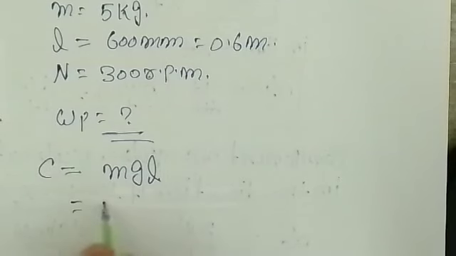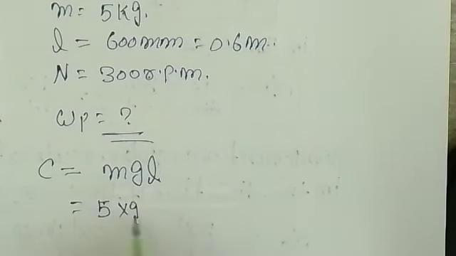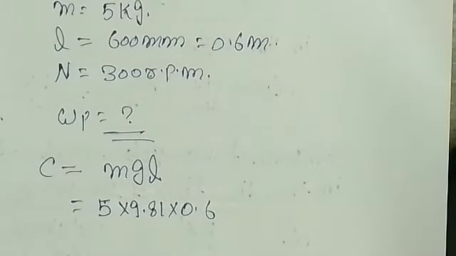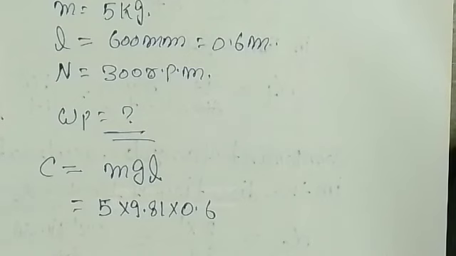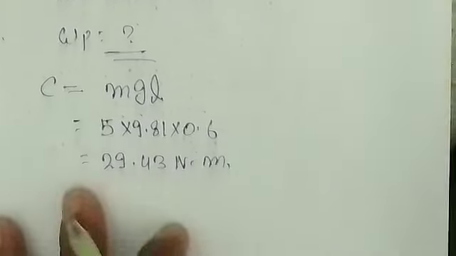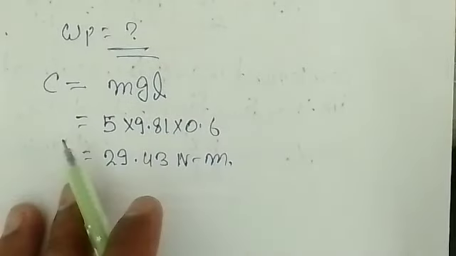Mass is 5, g is 9.81, and length is 0.6. So 5 into 9.81 into 0.6 gives 29.43 newton meter.